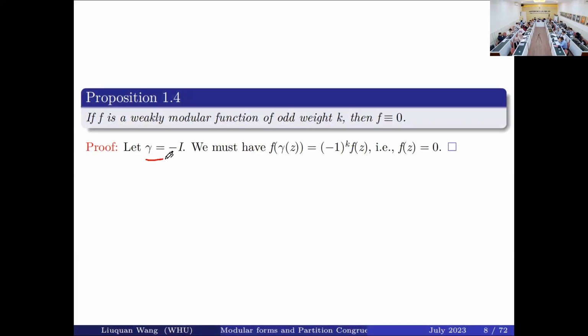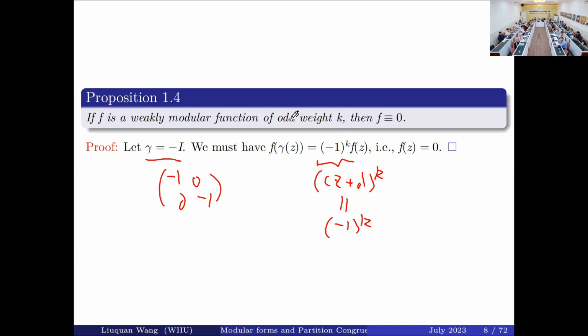You just need to consider the matrix negative I. And according to the definition, you must have f of gamma of z equals negative 1 to the kth power times f of z, because negative I is equal to the matrix negative 1, 0, 0, negative 1. So here, in the original definition, it is cz plus d to the kth power, but because c is 0 and d is negative 1, this is negative 1 to the kth power.